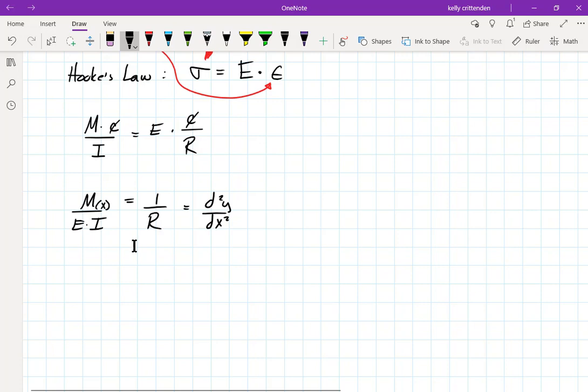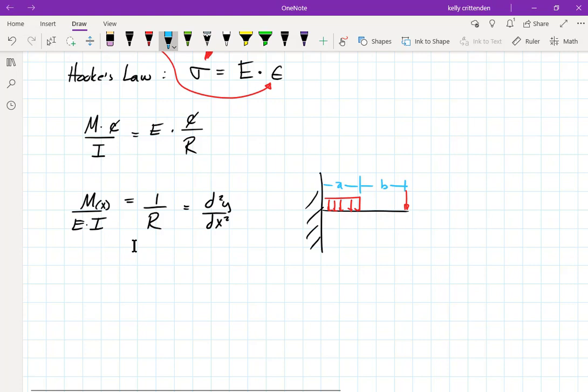Say you had a cantilever beam, but it has a point load and a distributed load on it and no load in between them, then you would have to develop a bending moment equation for both of these sections of the beam. So you'd have one section, section A, where there's one equation for m of x, and then section B over here would have a different equation for m of x.